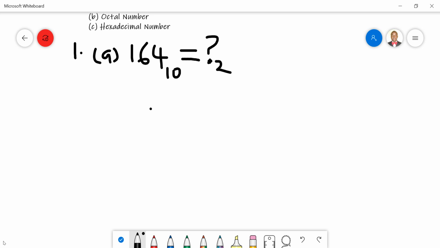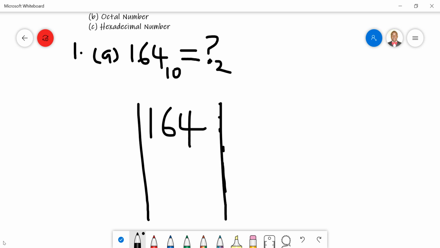We have 164. We divide this 164 by 2, writing the remainder until we get 0. All the remainders we will write on the left. So you write a line here, and then another line here.